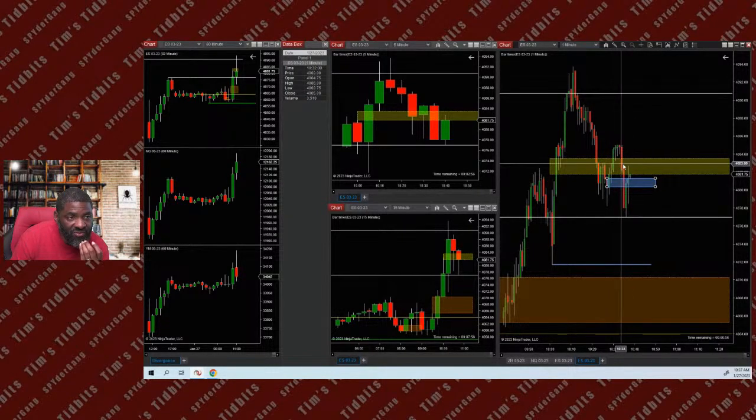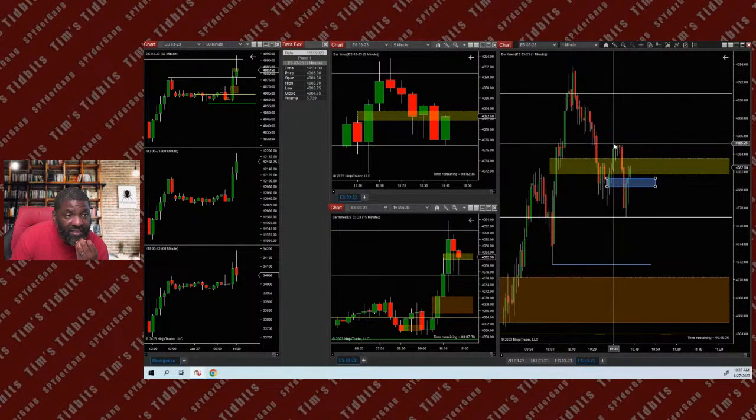Since it touched this right here, I don't like that. It may chop. Now, it may continue down. It may just drop and sell off and go to this sell side now. But for the way I like to see it trade, I didn't want this right here to get touched at all. Since this got touched, now I'm looking at these smooth highs that we made.